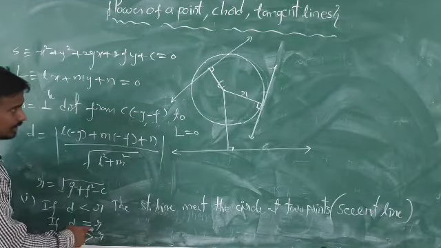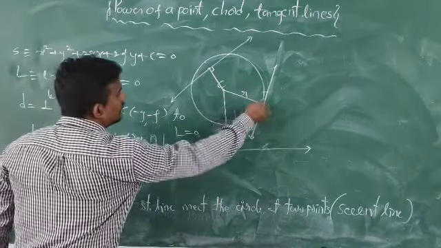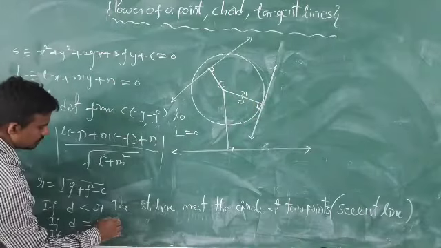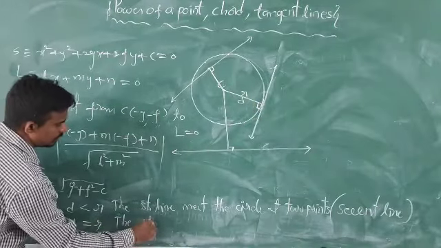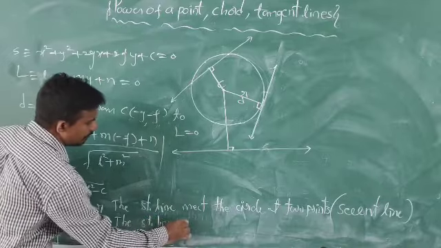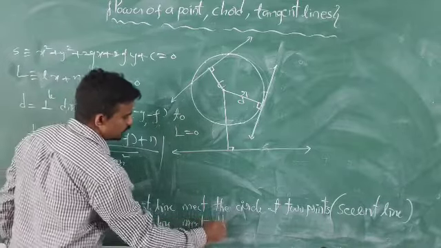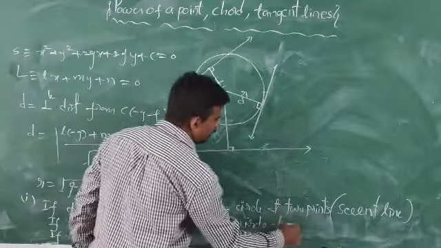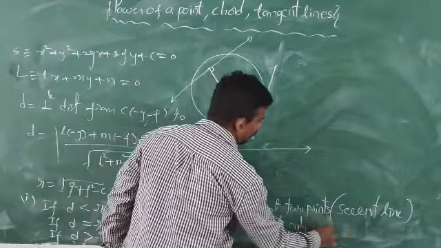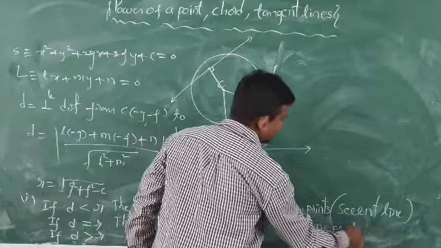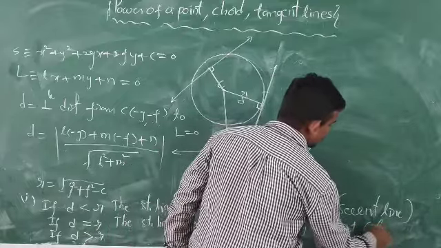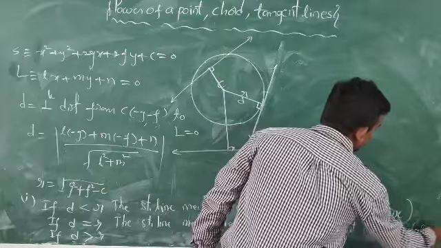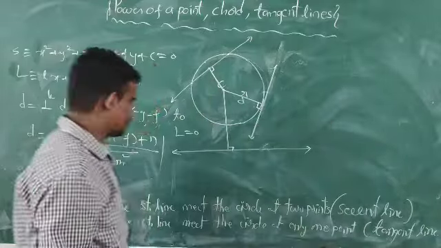If d equal to r, I mean the distance from the center to the straight line equals r, then the straight line meets the circle at only one point. That is the definition of a tangent line.